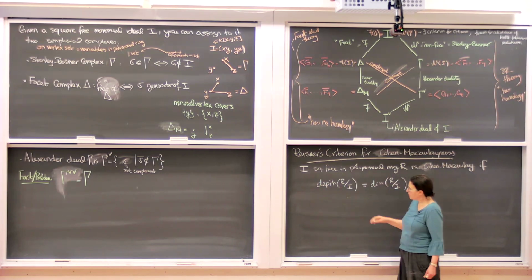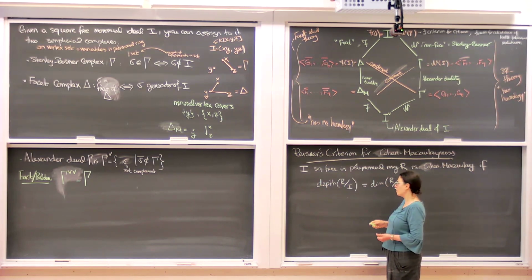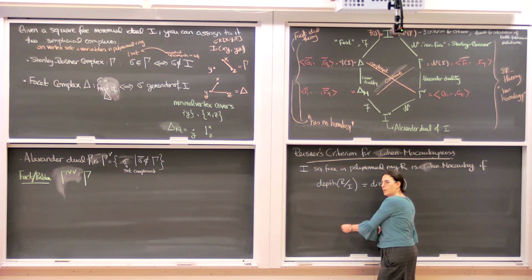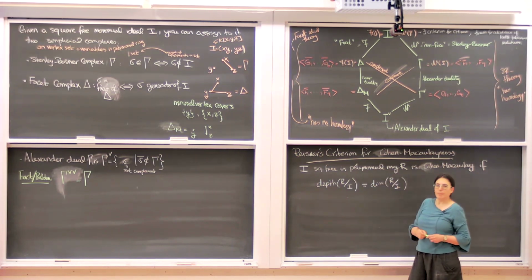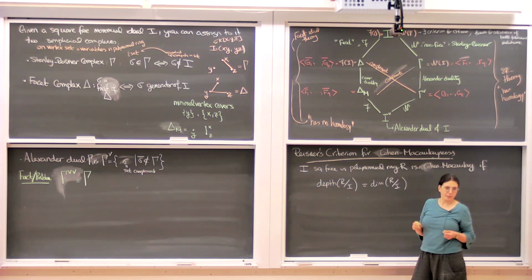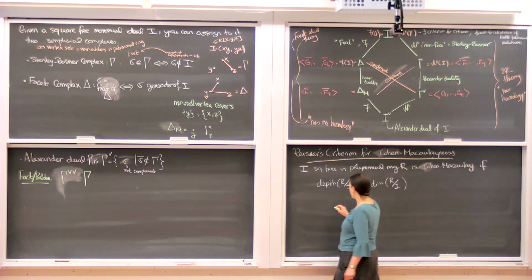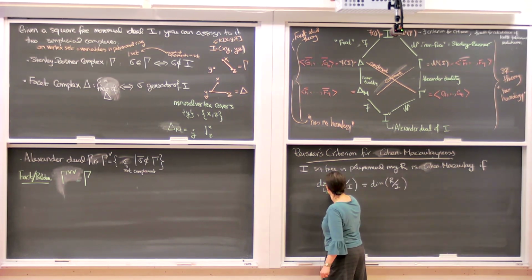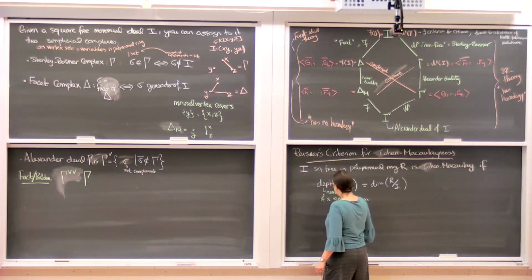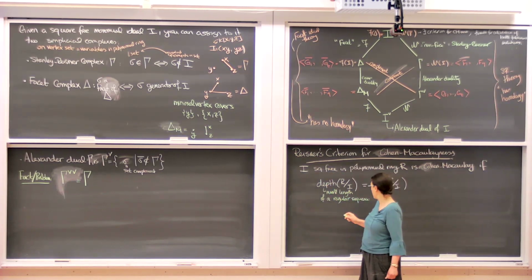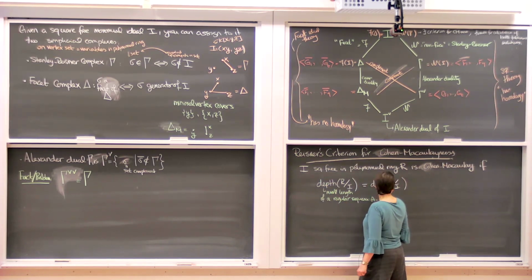I'm not going to linger too much on depth; I'm just going to say what it means. The depth is the maximal length of a regular sequence that you can find in this ring, which means a sequence of non-zero divisors. Let's call them theta 1 to theta t.